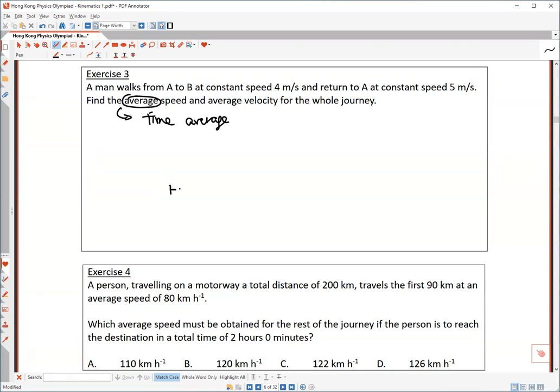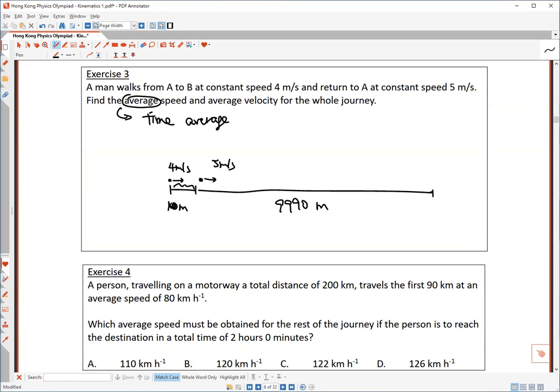Let's say here there's 10 meters, and here this is 9990 meters. A particle moves at 4 meters per second in this path, and 5 meters per second in the remaining path. Do you think that the average velocity or the average speed is 4.5?